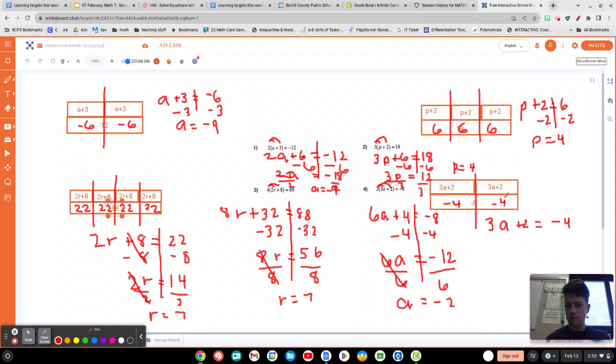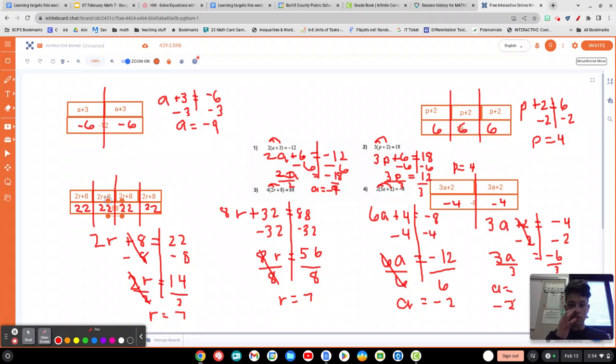So you can see that my piece of tape 3a plus 2 is equal to the negative 4. And let's solve it. I've got a positive 2 as my constant. Subtract my constant. 3a is equal to negative 6. Divide by 3. And we get a is equal to negative 2.